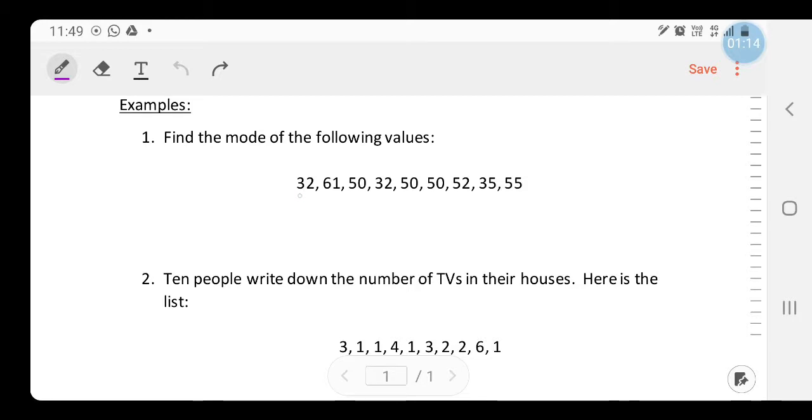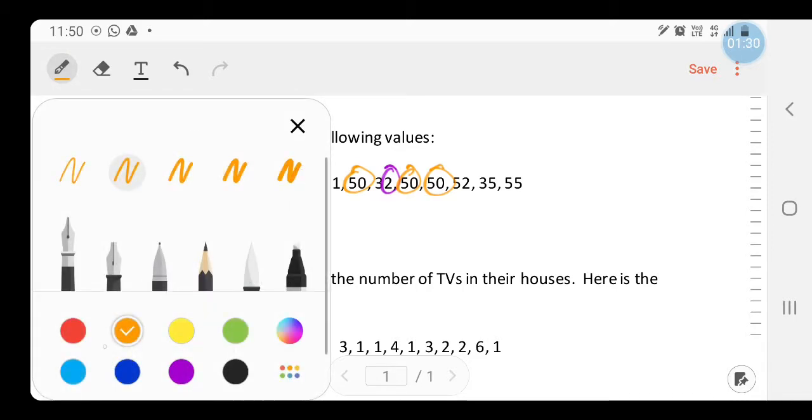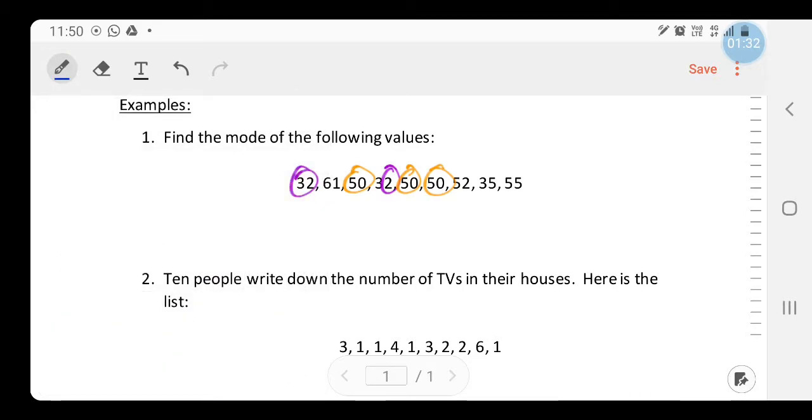Well, I can see automatically we have two 32s, all right? But if I look a little more closely, I actually have, here we go, 1, 2, 3 50s. Now, as for the other values, 61 only happens once, 52 happens once, 35 once, 55 once.